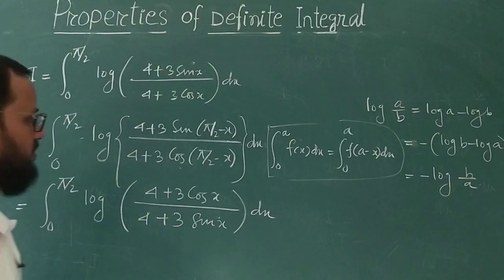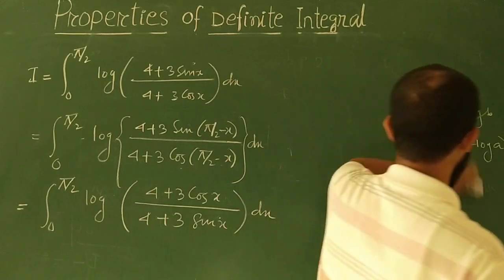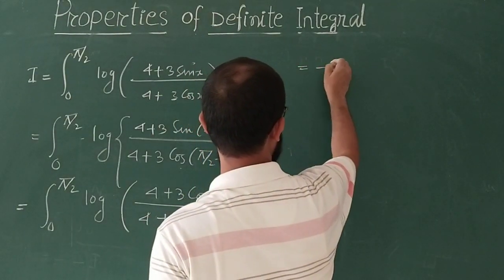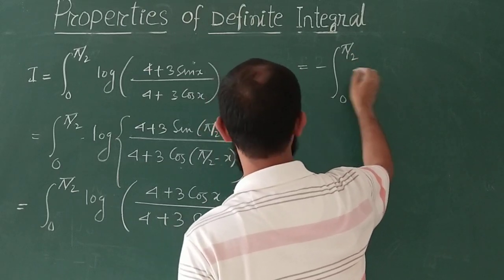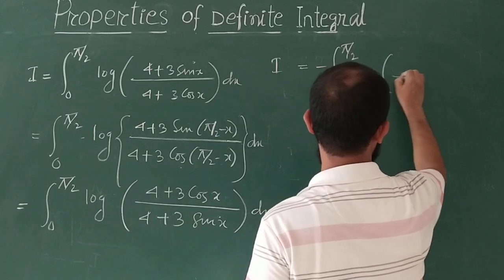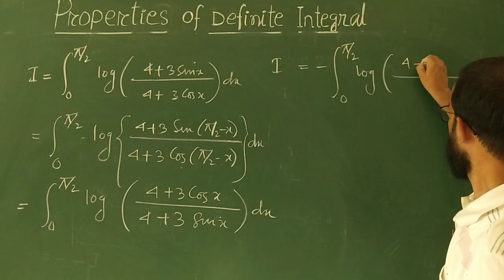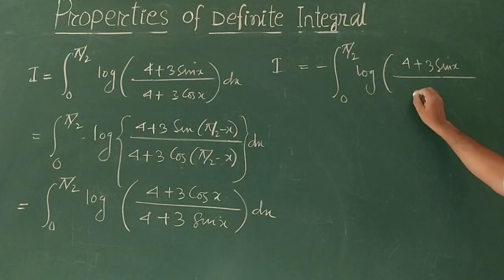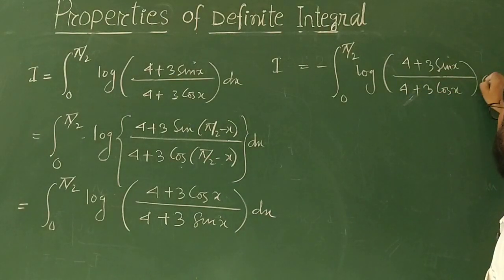So in the next step, using this property of log, your integral becomes minus, coming outside, 0 to pi by 2 of log, with these two interchanged, 4 plus 3 sin x divided by 4 plus 3 cos x dx.